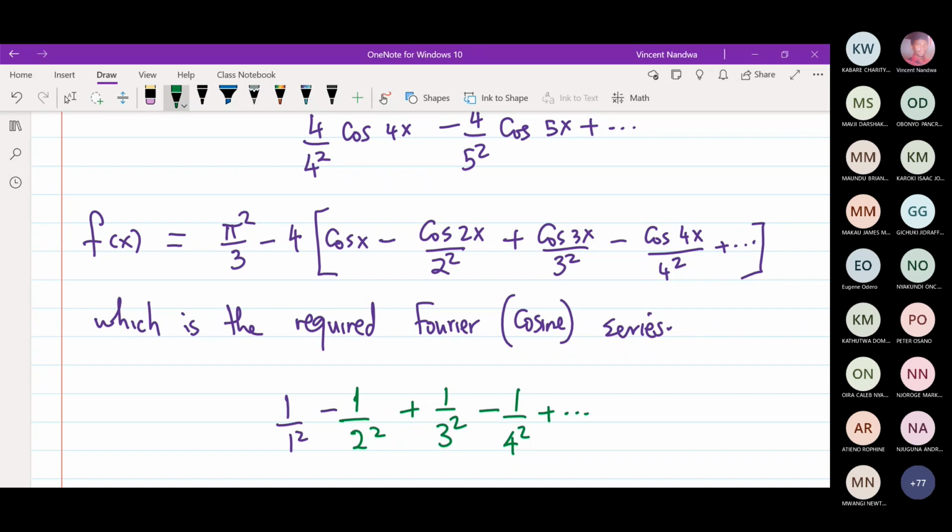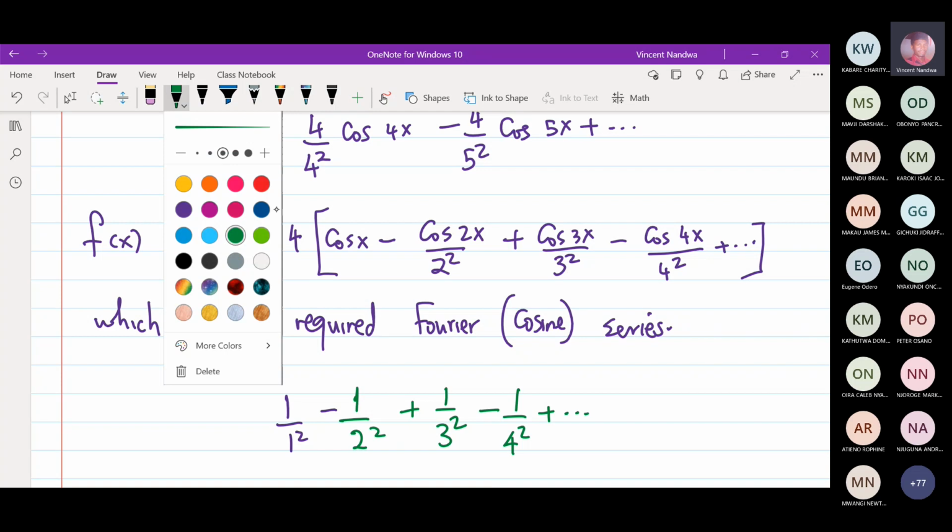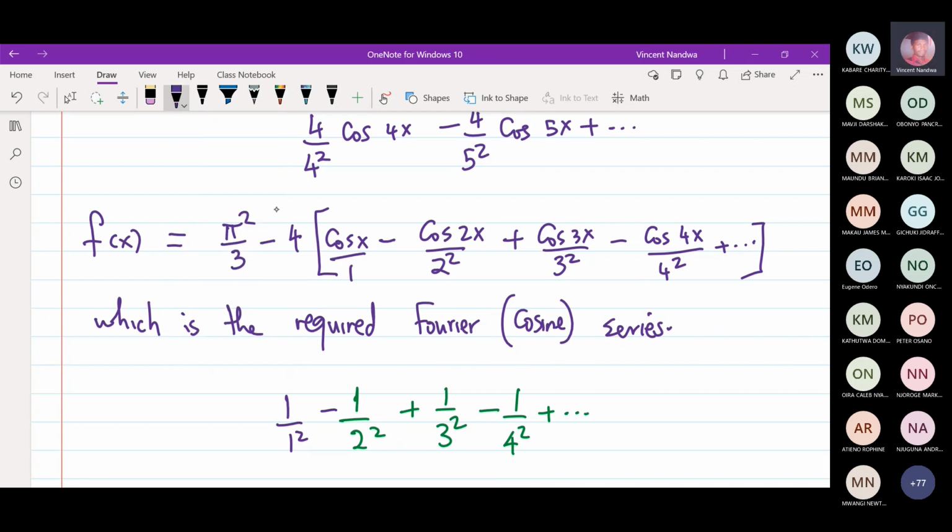By the way, there is no mistake in putting 1 squared here. It doesn't change the value. Just appreciate that the denominators in the square bracket look exactly like the denominators of the series whose value we have to find, and the signs are rhyming.